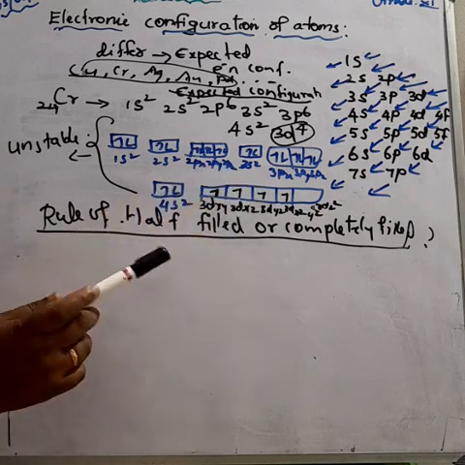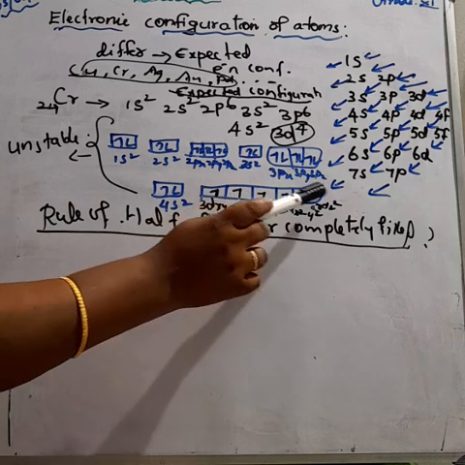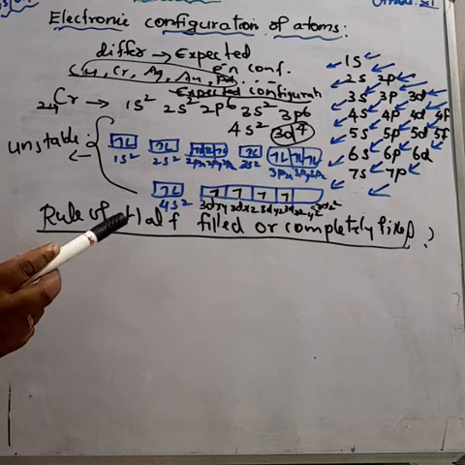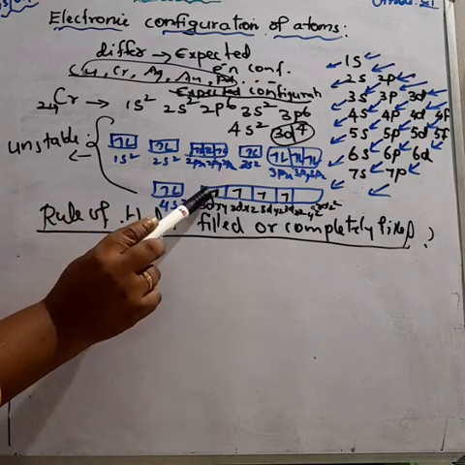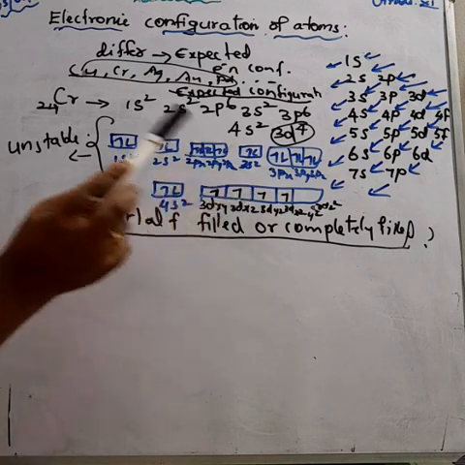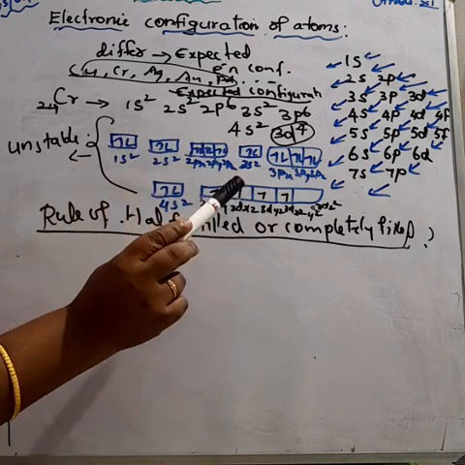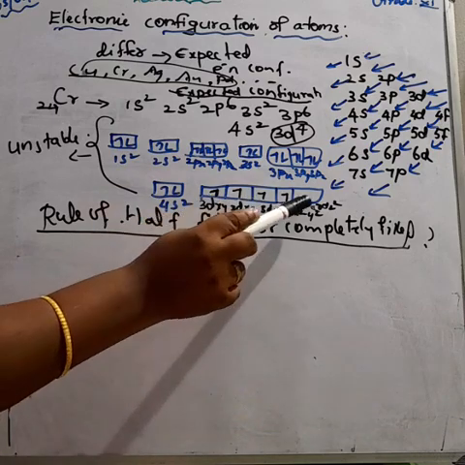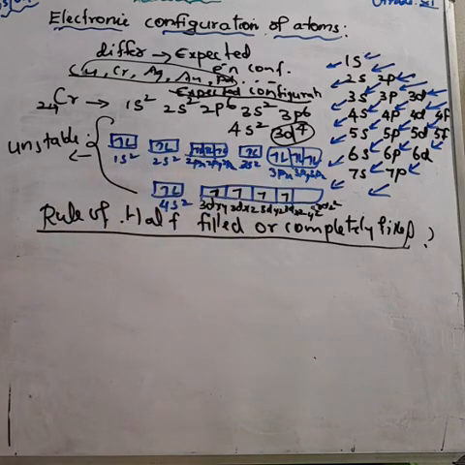What do you mean by half-filled? This is not half-filled and not completely filled. In the d subshell, totally 5 orbitals are there. To become half-filled, these 5 orbitals need 5 electrons. Then only it can be stable.